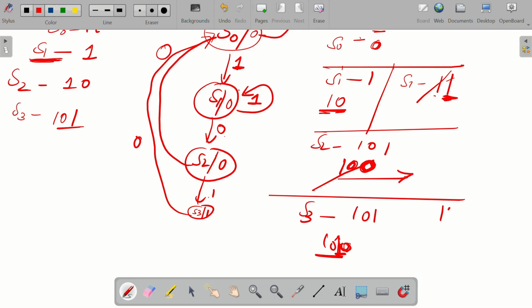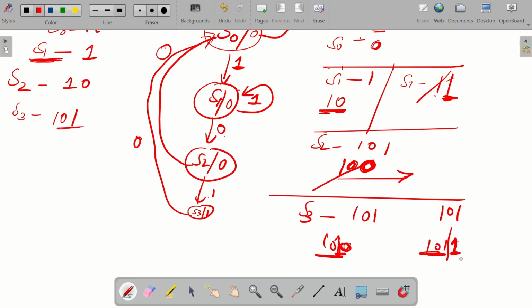Whereas in S3 state, you have 101 with you and instead of a 0, you're getting 1. Previously we have said that the last bit is of no use, but the starting bit is 1 for my required sequence because I need to detect 101. So this one can act as a starting point of my next sequence.